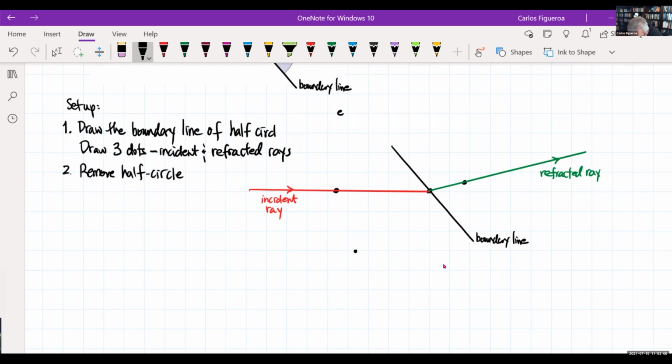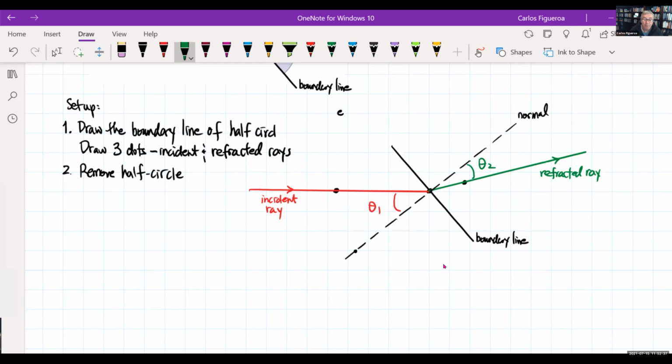I've got to draw a line from this 90-degree point all the way across. So now this is my normal. So then check this out. Now I have my angles. This is my angle theta 1. This is my refracted angle theta 2.